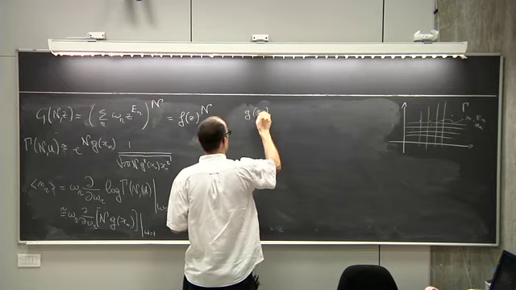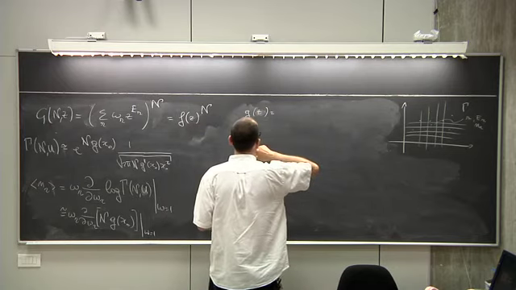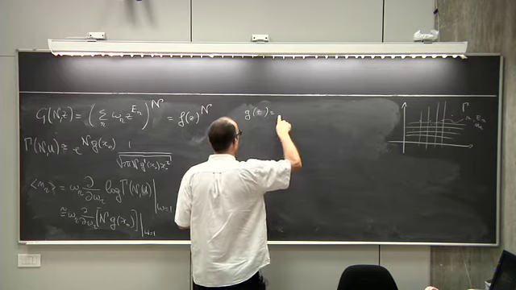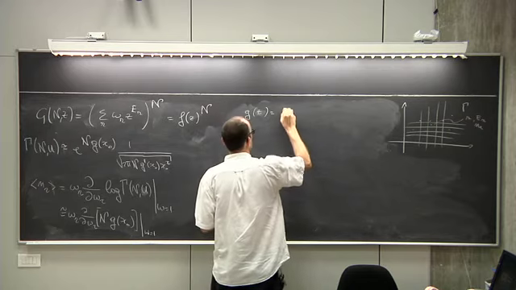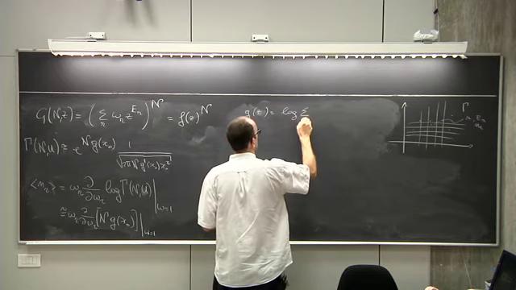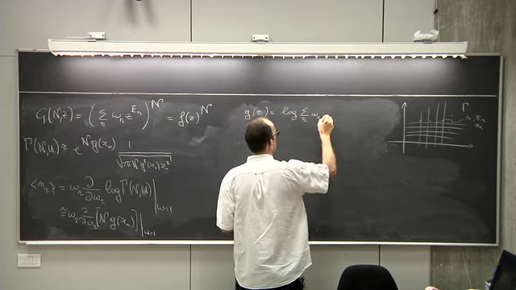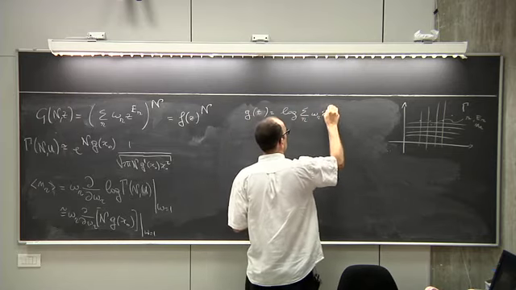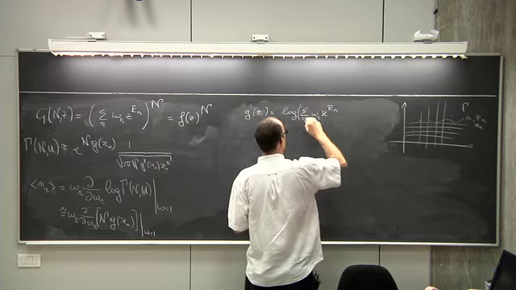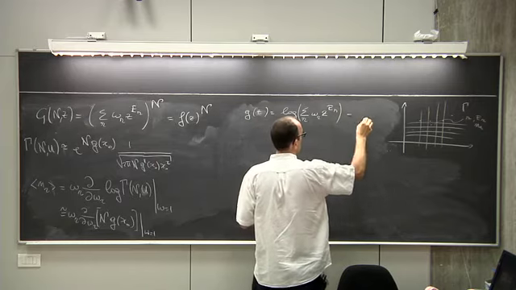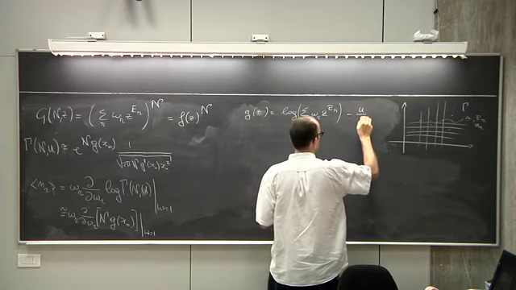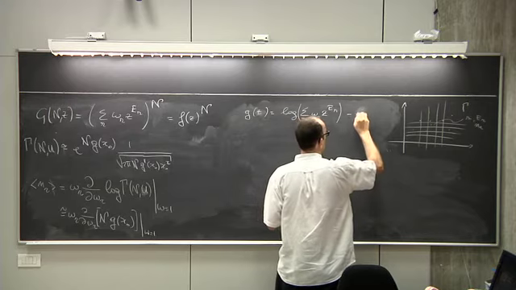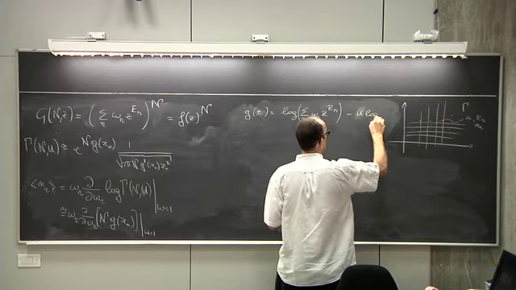G of z was the log of the sum over r of omega r times z to the e r, minus u log z.